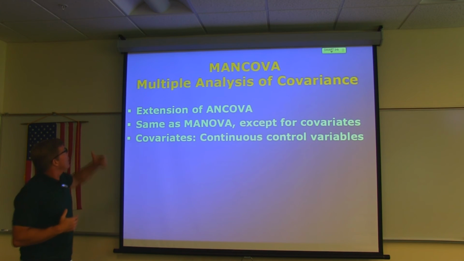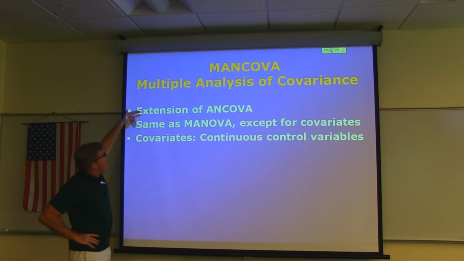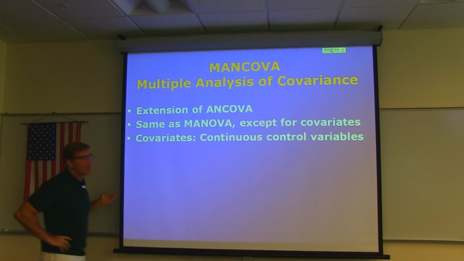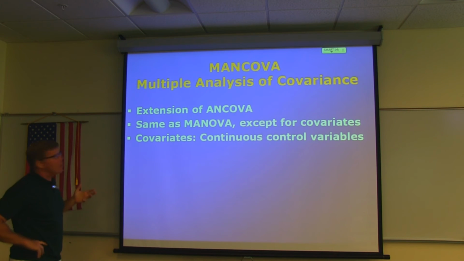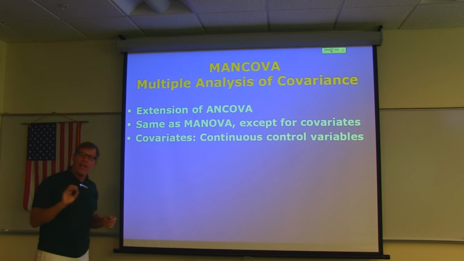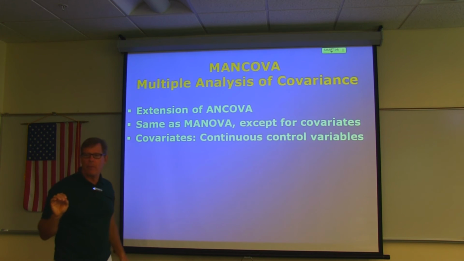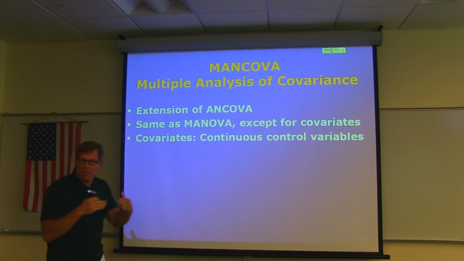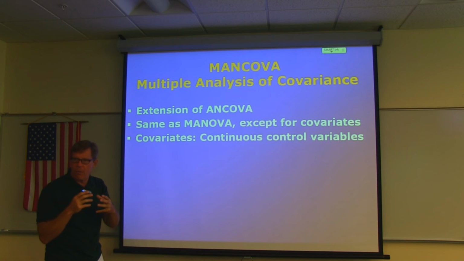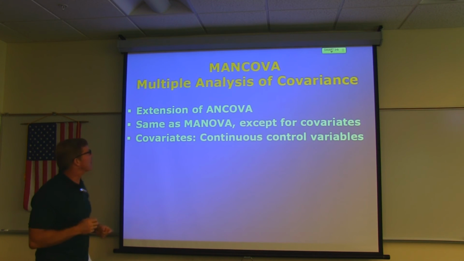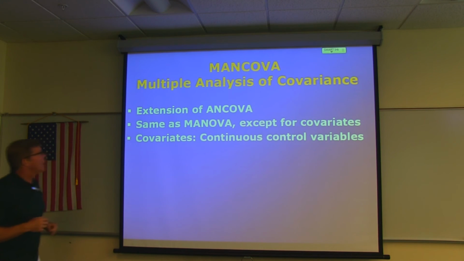So, yes, it's an extension of ANCOVA, okay, and ANCOVA is actually an extension of the one-way ANOVA, okay. So all we're doing is identifying some potential confounding variable, and then factoring out the effects of that potential confounding variable. Gives us a clear picture as to what's going on in terms of F.